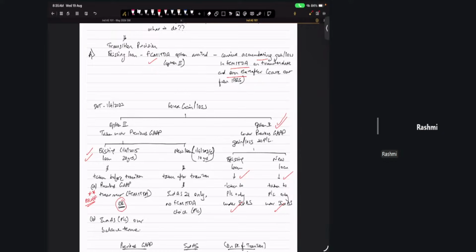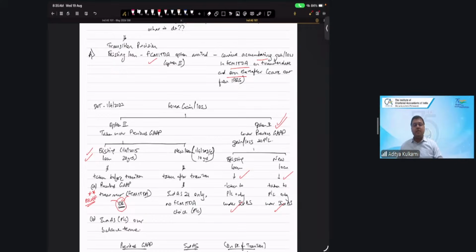And the second option: I had availed para 46A at that time, but on the transition date, it is a fantastic opportunity for companies to clean up their past sins. I always say that transition is like the birth of the company's balance sheet, not the company.